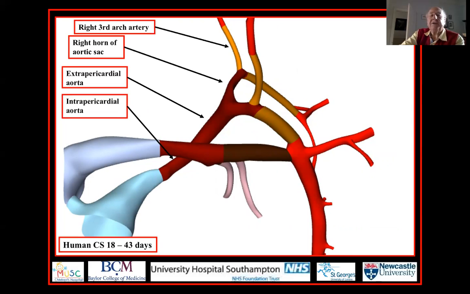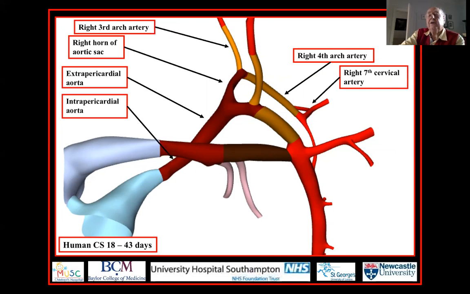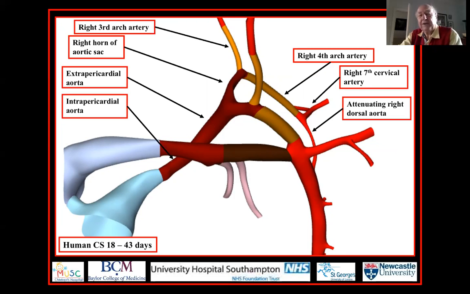It's giving rise to the right 3rd arch artery, the right 4th arch artery. And look how that cranial migration of the right cervical arteries in such a way that the persisting component of the right dorsal aorta is itself attenuating.